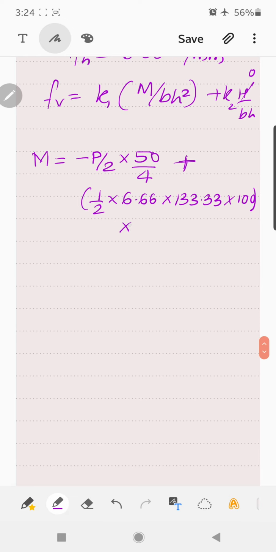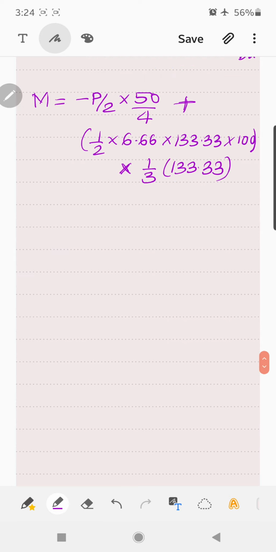This is the force, into the CG distance. For a triangle, CG distance is 1/3 the height, 133.33. If you calculate this, you will get moment as 1.35 into 10 to the power of 6 Newton mm.